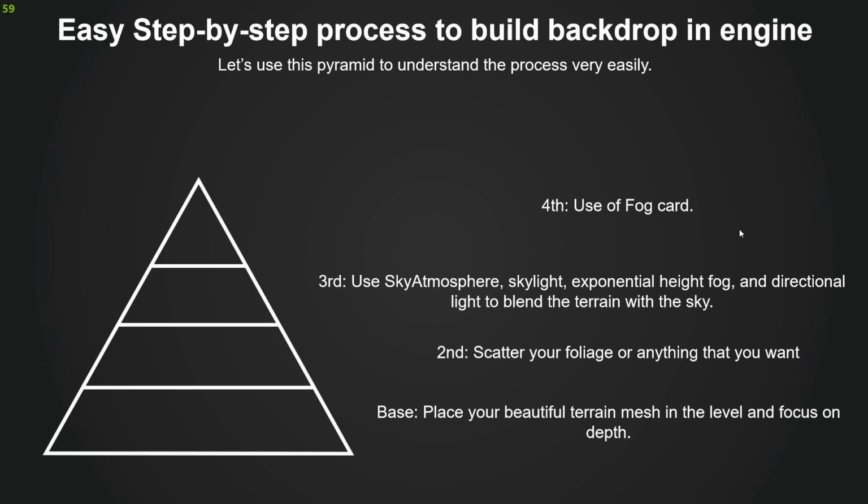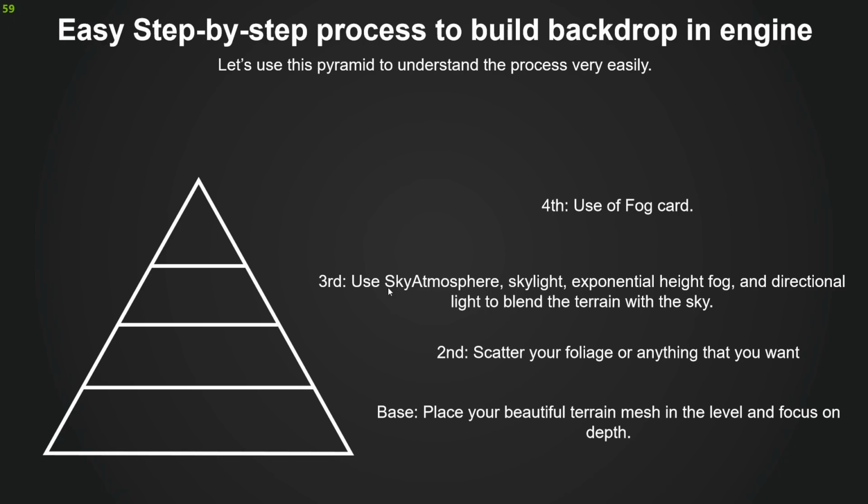The next slide is a pyramid that I generally follow. At first, I place the terrain mesh on my level. I focus on the depth, how it looks from a fixed camera angle. Then I scatter all my foliage or rocks, whatever I want.